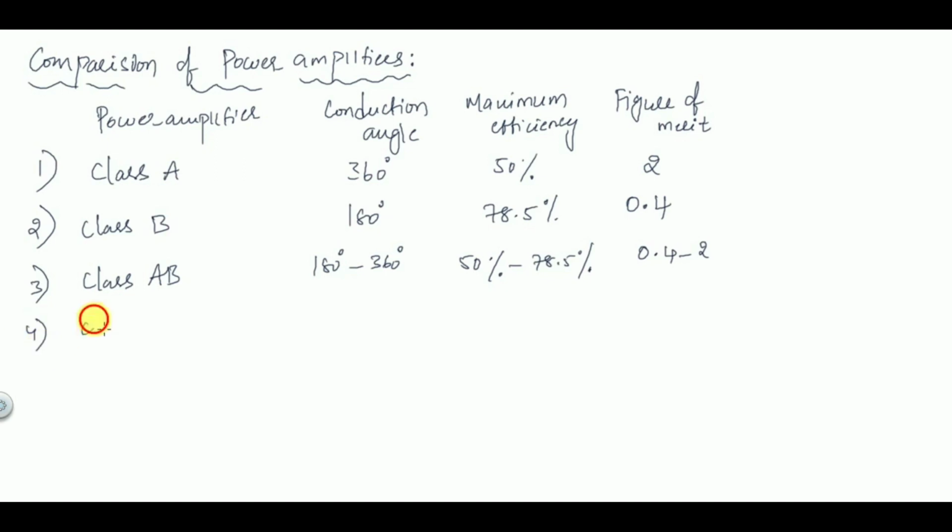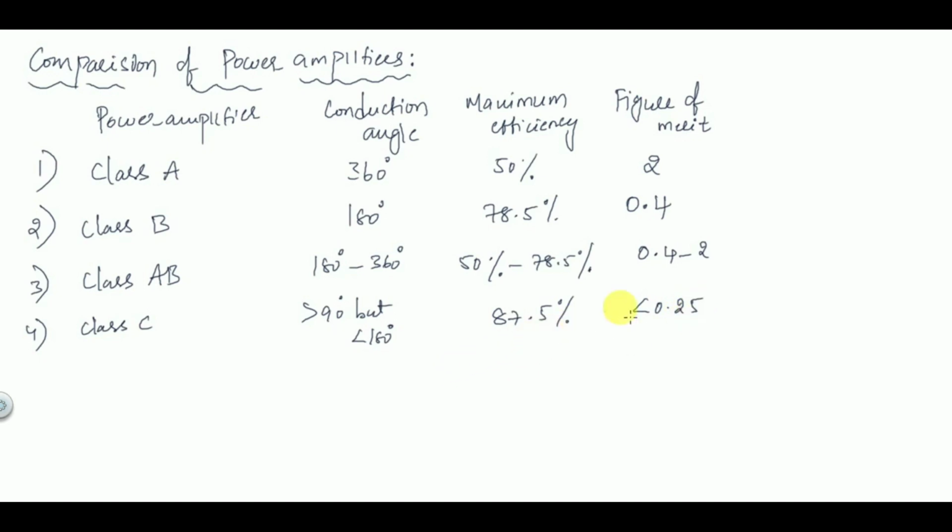Fourth is the class C power amplifier. The conduction angle is greater than 90 but less than 180 degrees, the maximum efficiency is 87.5%, and the figure of merit is less than 0.25.